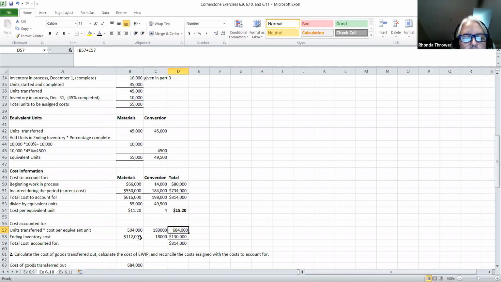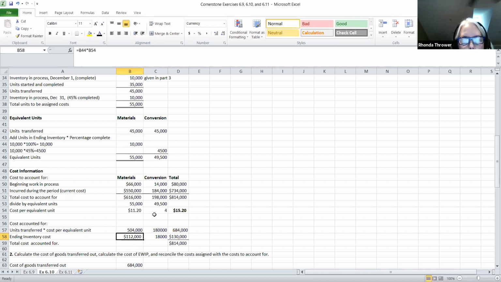To find your ending inventory cost for your materials, you start with the ending inventory amount of materials, which was 100% of the materials were added at the beginning of the process. So in other words, 10,000 times $11.20 will give you 112,000.